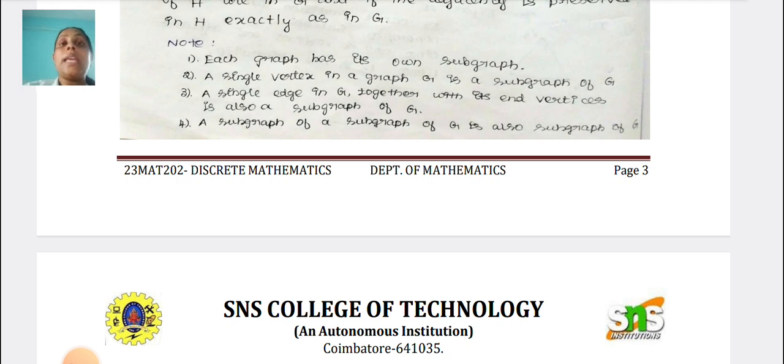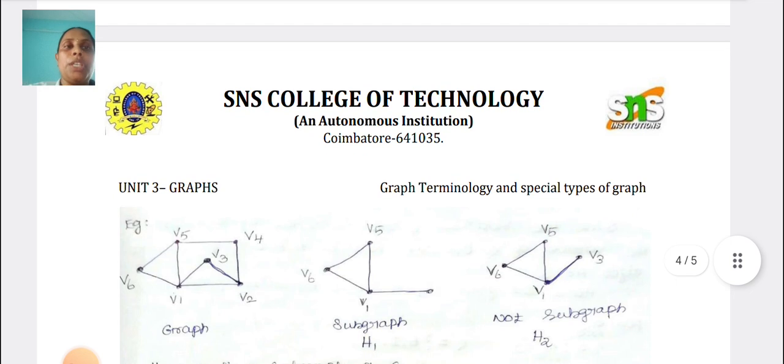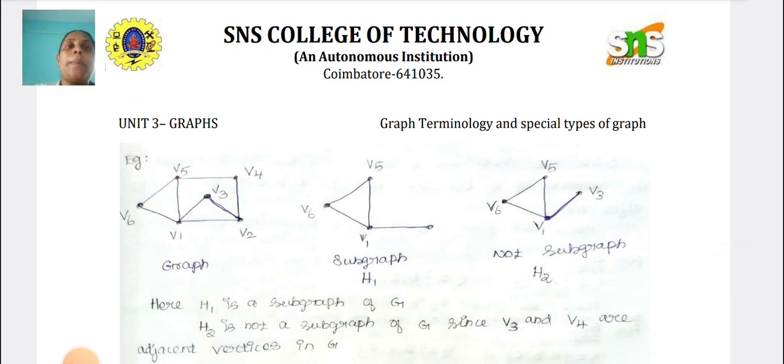So here the same vertices are also there. Next, a single edge together with its end vertices is called a subgraph of G, and a subgraph of a subgraph of G is also a subgraph of G. Here also we see some examples. The first one is a graph.